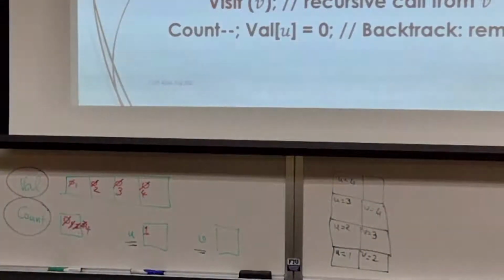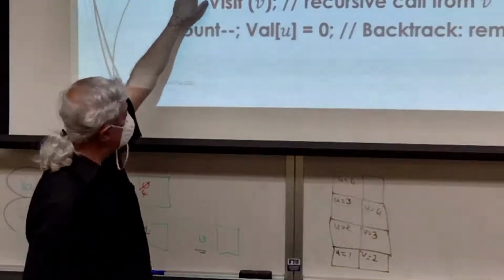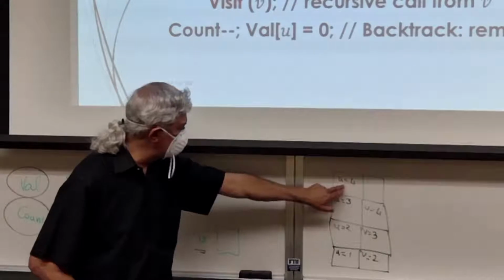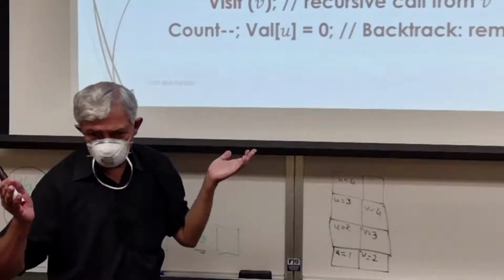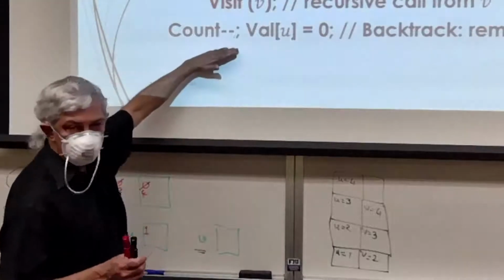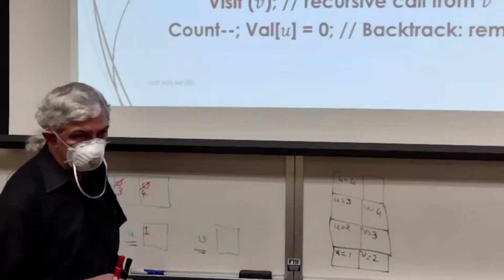All right, now comes the tricky part. Let's see how it backtracks and figures out what to do next. So what it does is it continues here. When u equals 4, it's going to go through this whole for loop and not find a 0 entry. And so it'll come down here for the backtrack part.